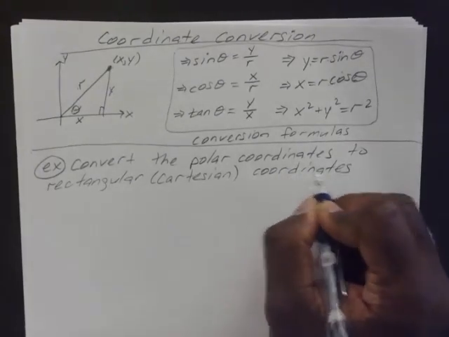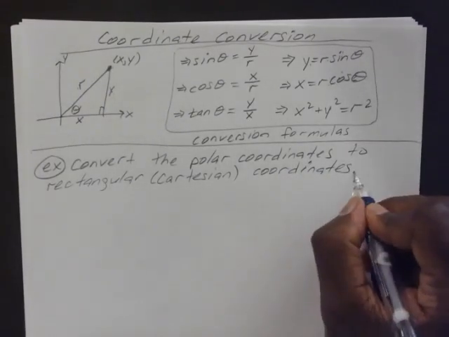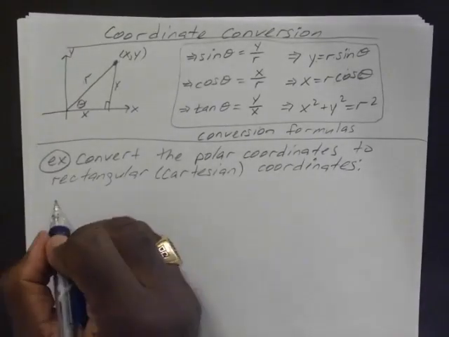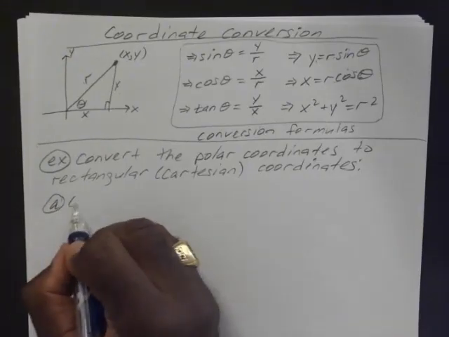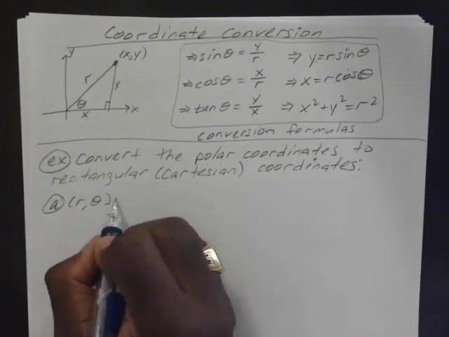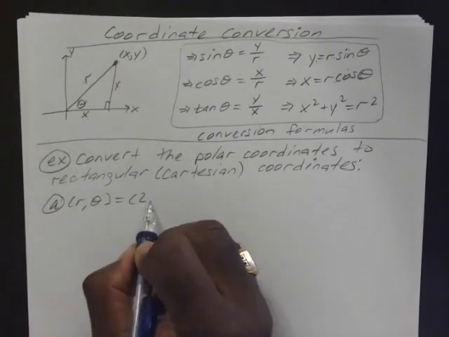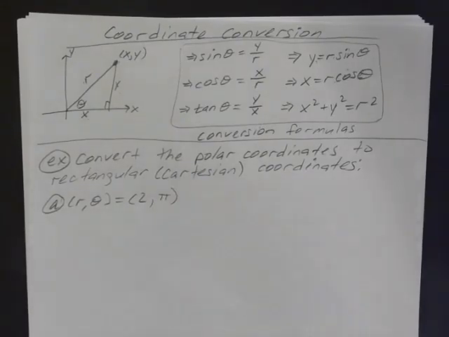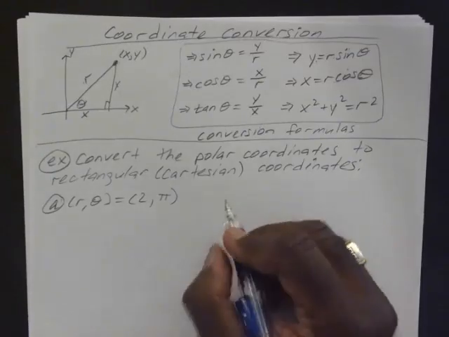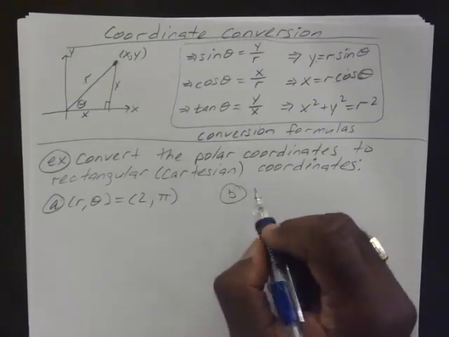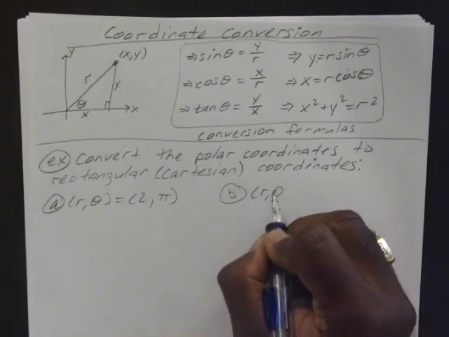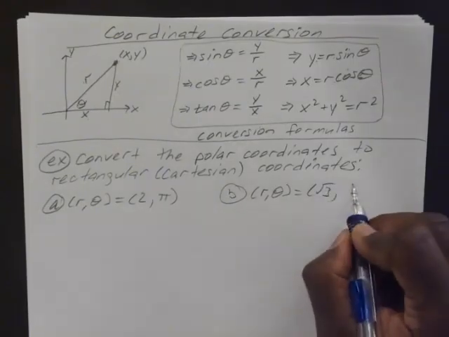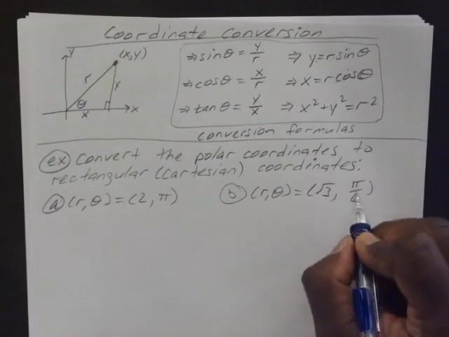They're literally the exact same thing. So let's say for problem A, you have r, theta: the radius is 2, and the angle is pi. And for B, our r, theta is equal to square root of 3 and pi over 6.